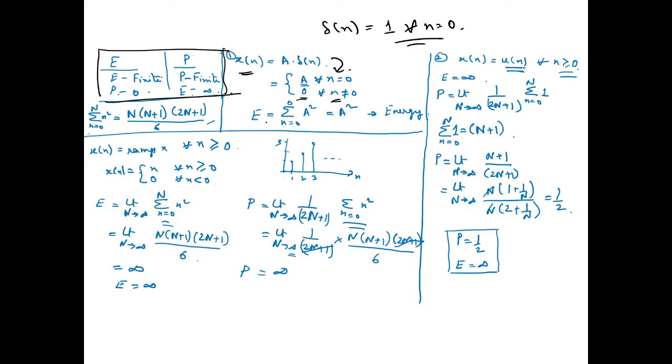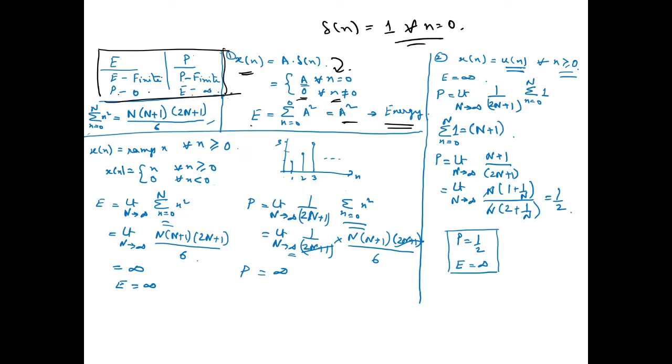So energy is given by the summation for n equals 0 to 0 of A squared, which is equal to A squared. Then if you see, energy is finite, only and only if A is finite.